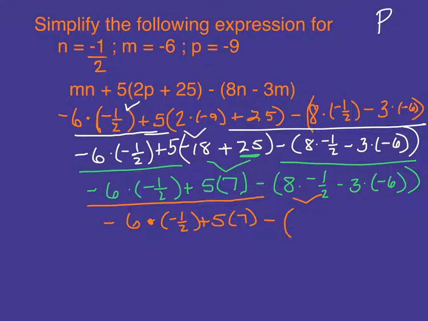I've got a positive times a negative, so it's going to remain a negative because that's an odd number of negatives. And half of 8, of course, is 4, minus 3 times negative 6. Still working down those parentheses. You can see how we keep getting smaller and smaller each time.